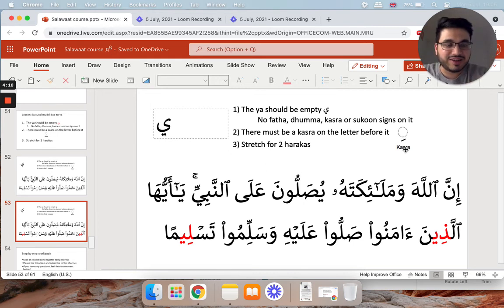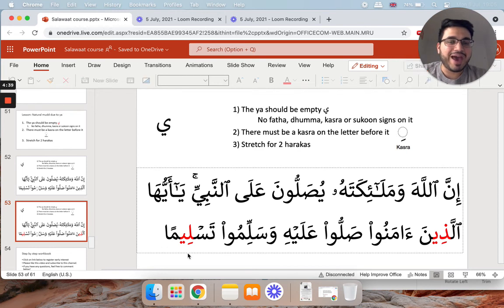That is a kasra there, present on the letter before the ya. And if these 2 conditions are met, you can stretch that letter for 2 harakas. So over here, it will be ladhina, rather than ladhina. That would make it 1 haraka, which makes it wrong. And the same thing here, taslima.